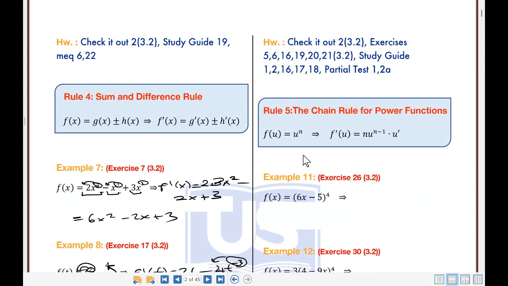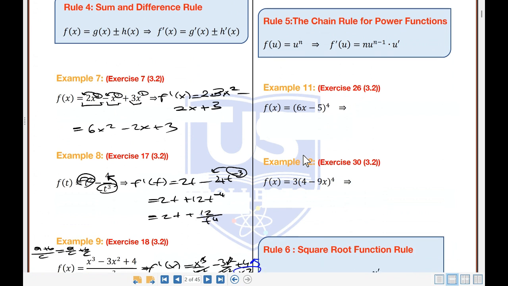Okay, let's continue with another rule. The chain rule for power functions. We already studied the power rule. We bring down the power in front and decrease the power by 1. This is the rule. But what if our base is not just x? If our base is not just x, it is much more complicated. Then we also should take the derivative of this base and multiply it by the result.